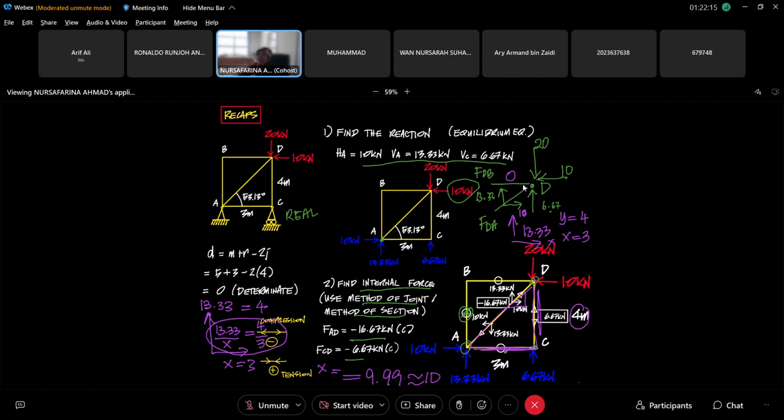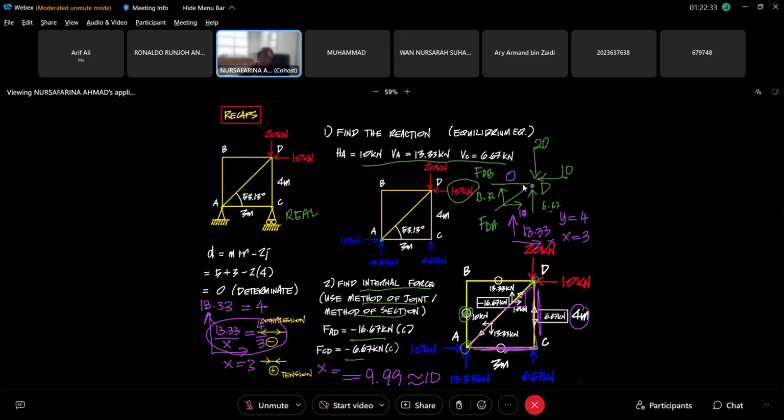Okay, in statics you learn how to find the internal force for the real structure. But in here, what I want you to try is using the simple method. Okay, if you ask, can I do it like this, will I get the marks?